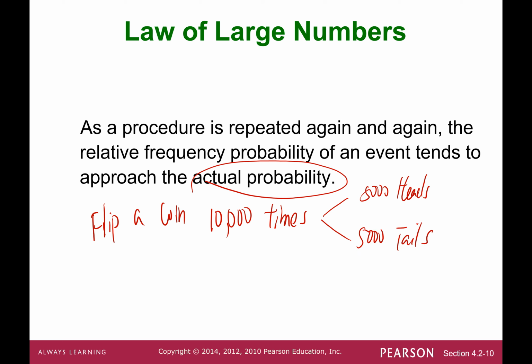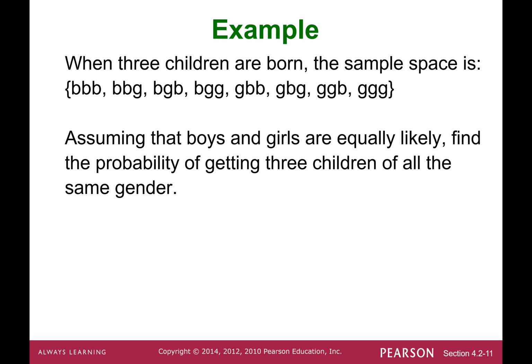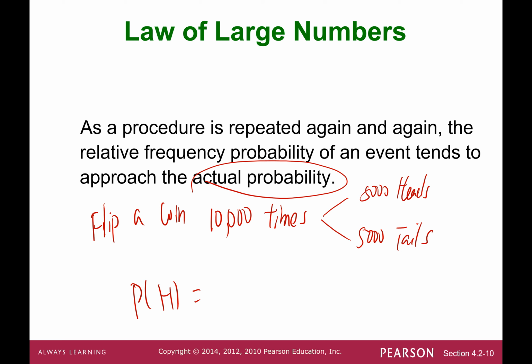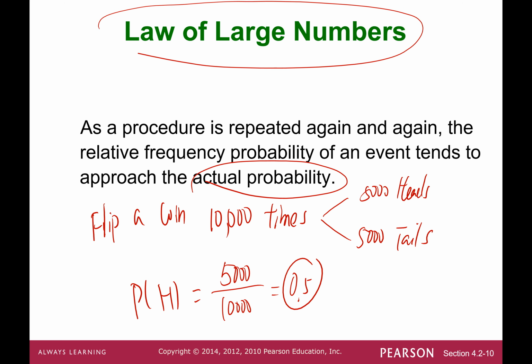So the probability of heads will approach the actual probability, which is 0.5. So you get 5,000 over 10,000, that turns out to be 0.5. This is the law of large numbers. So if you repeat the procedure again and again, you get a probability which tends to approach the actual probability.